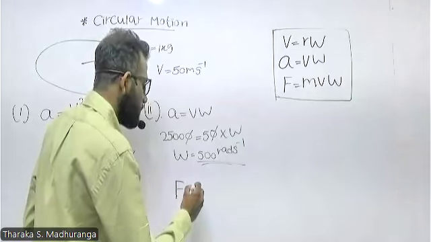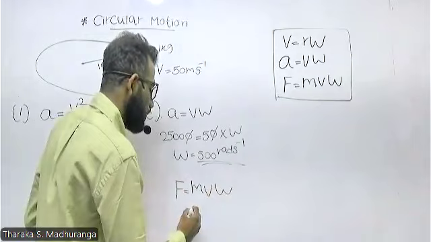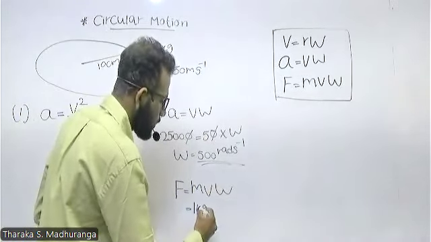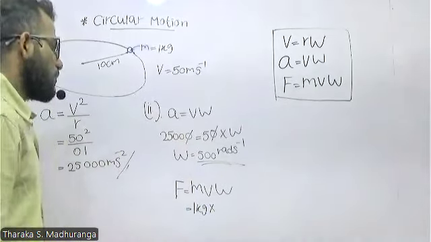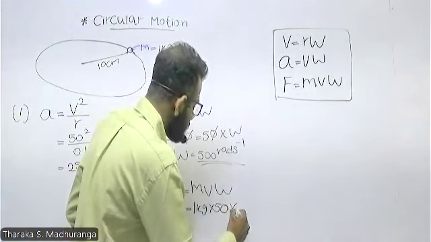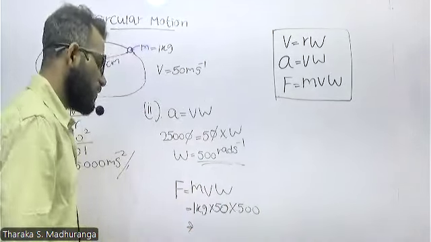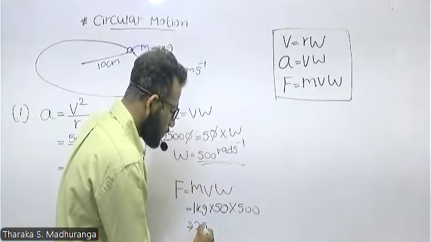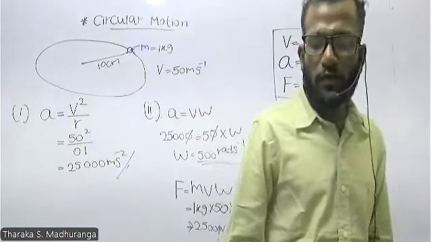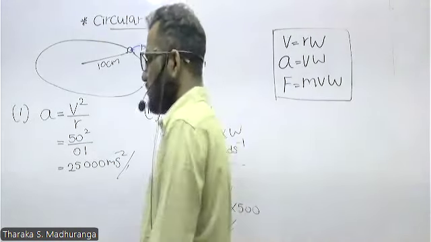F equal m v omega. The mass is 1 kilogram, v is given 50, omega is 500. Then 500 into 50 again, 2500 Newton force is active. Correct?